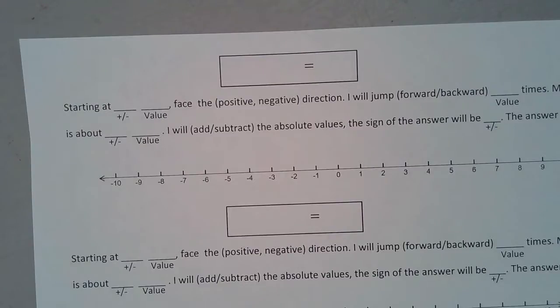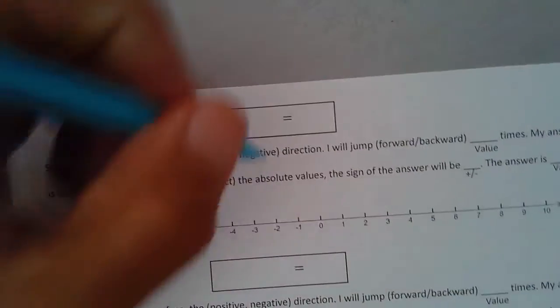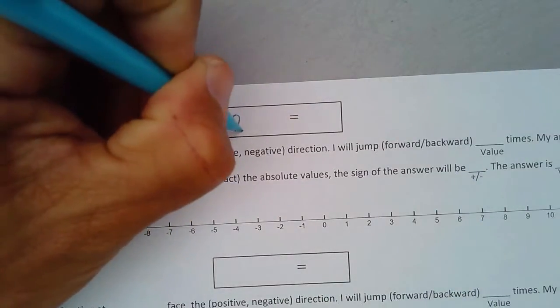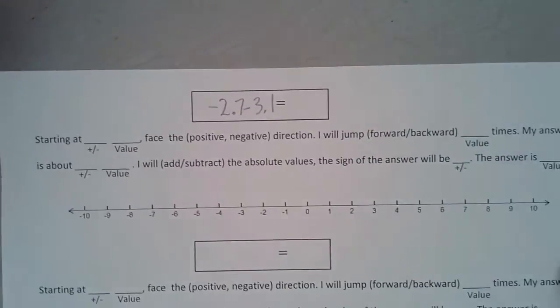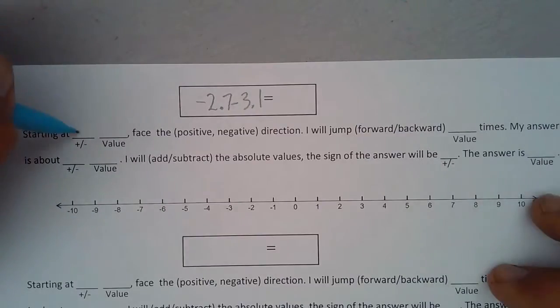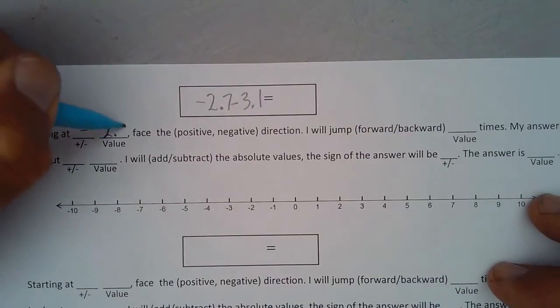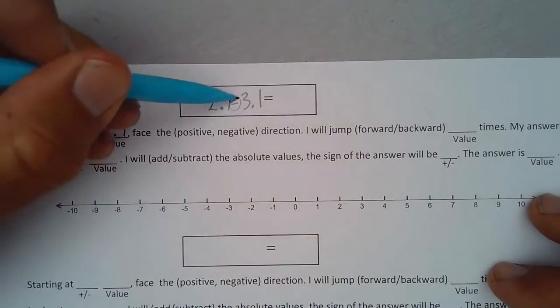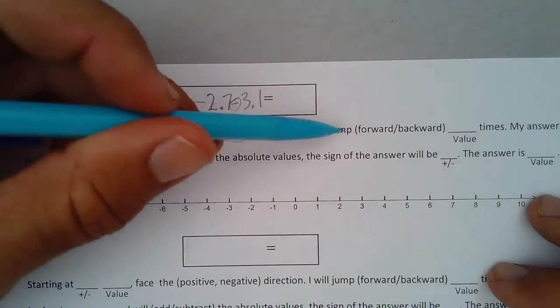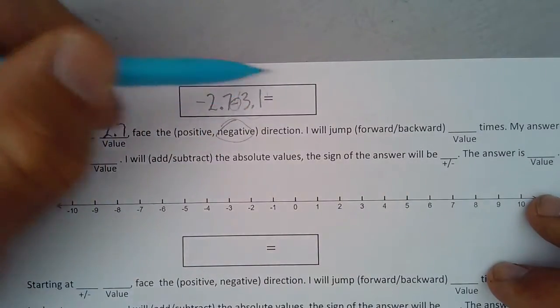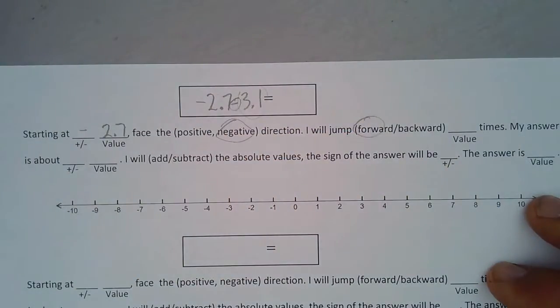The next one we have is negative 2.7 minus 3.1. And so we start at negative 2.7. We have to face the negative direction. We will jump forward 3.1 times.